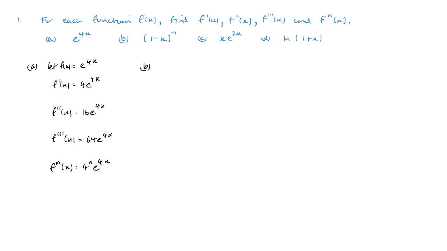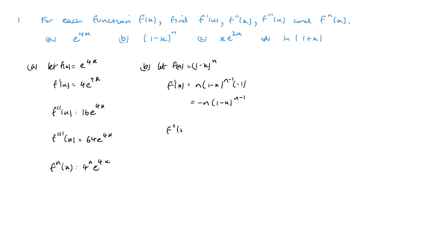Okay, right, let's have a look at b. So this time let f of x equal (1 minus x) to the power n. Now, if I'm differentiating the first time, I get n(1 minus x) to the n minus 1 multiplied by minus 1. So it's minus n(1 minus x) to the n minus 1.